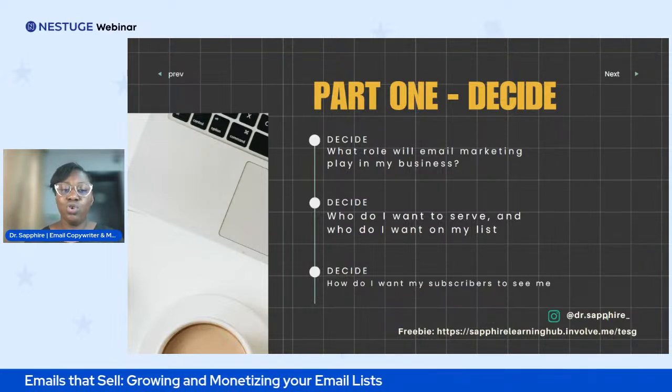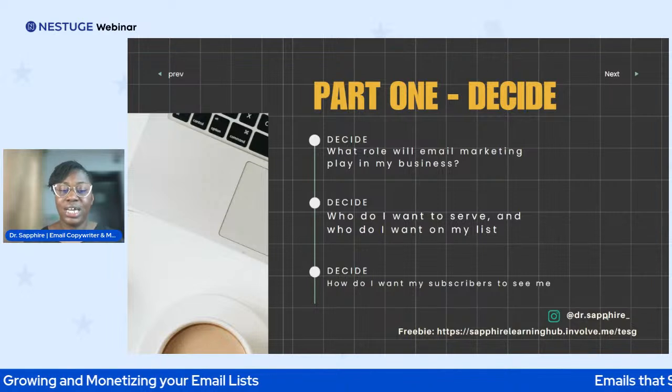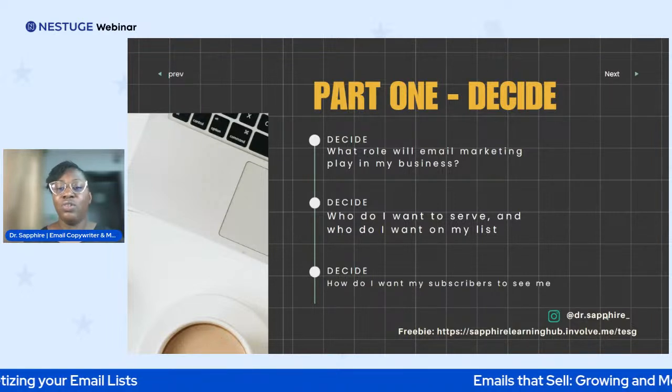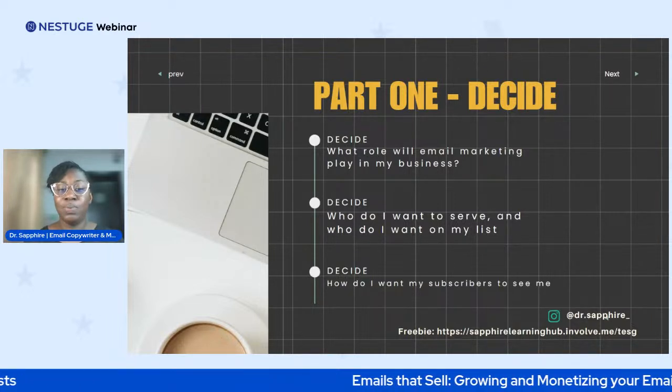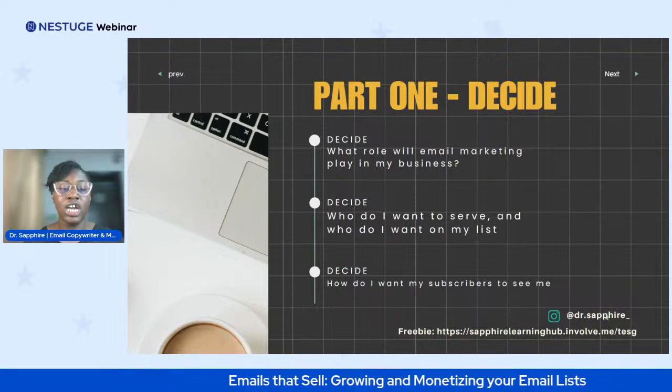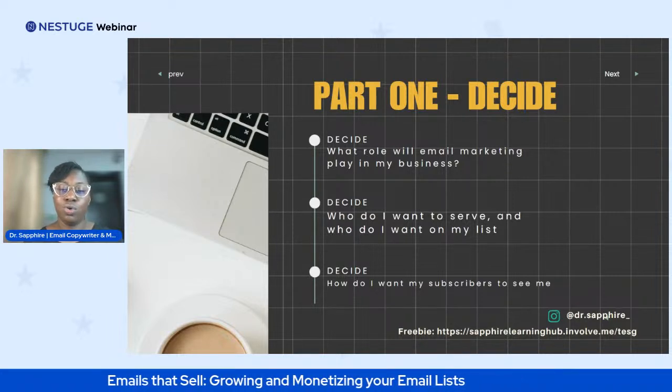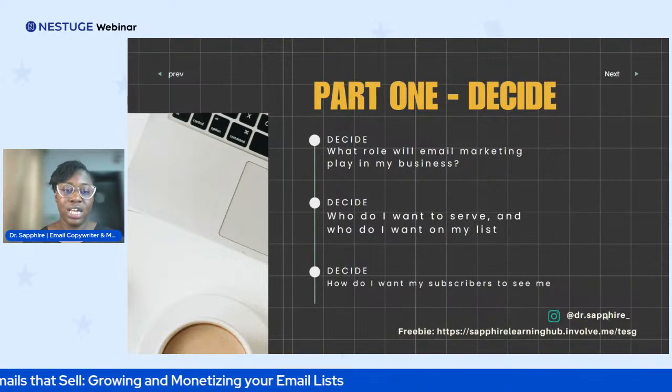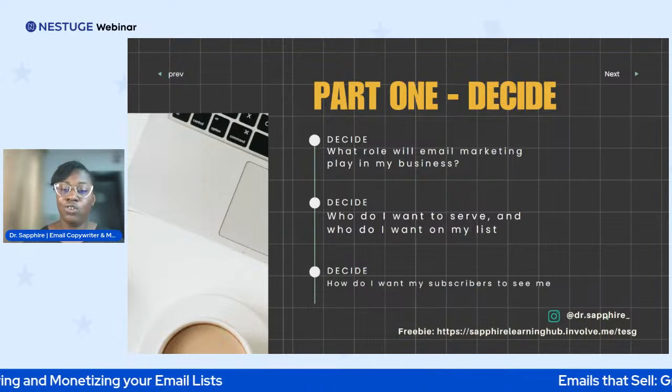So from the get-go, decide who you want to serve and who you want on your list, especially if you're starting from scratch. If you've already started your email marketing and it's all good, there's no need for you to do this exercise. If you're having some hitches, then you want to do this exercise.